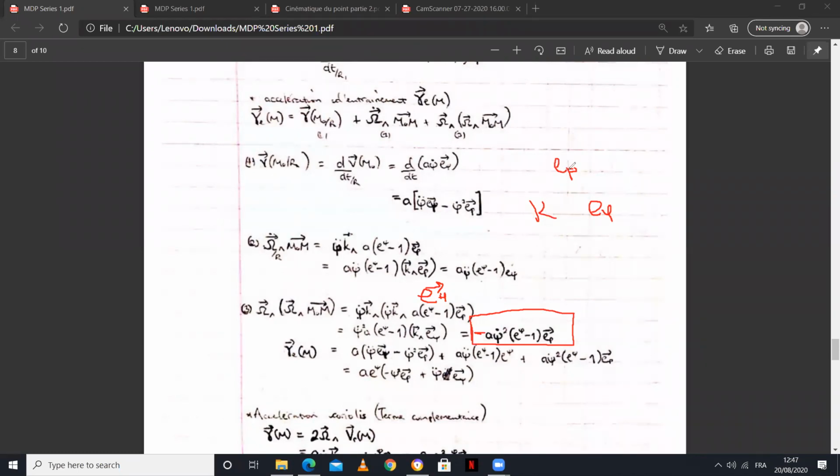That means euro vectoriel K gives you minus phi, and K vectoriel phi gives you minus euro. You notice the direction we're going in is anti-clockwise, so you get negative. That's why I put this minus here and the euro there.